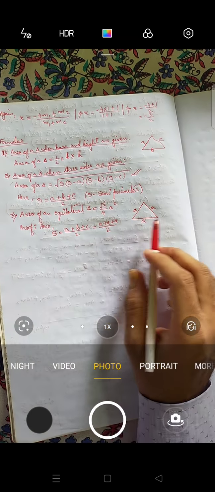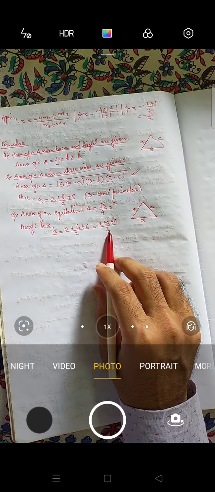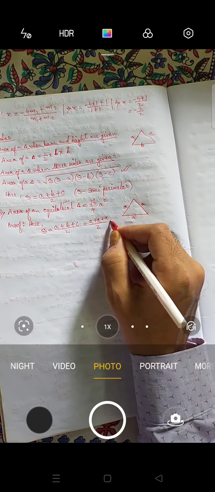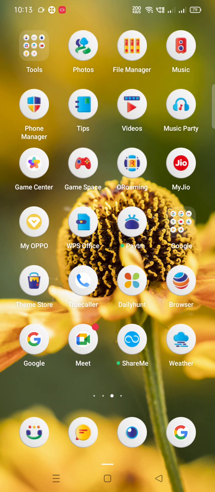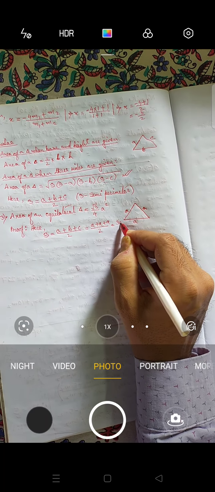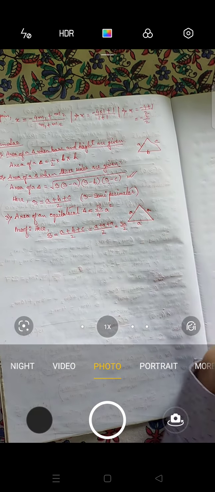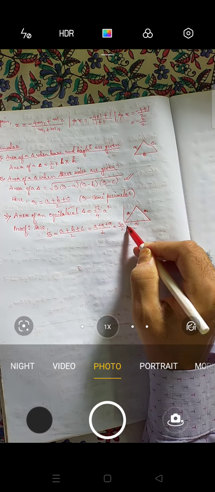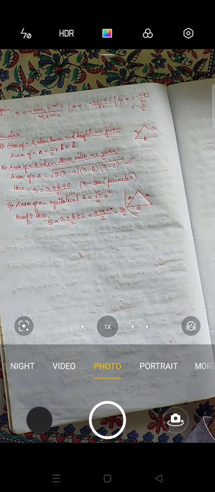All the three sides are the same. Is it clear? Now A plus A plus A equals what? 3A by 2. So we got 3A by 2. Now this is the semi-perimeter.